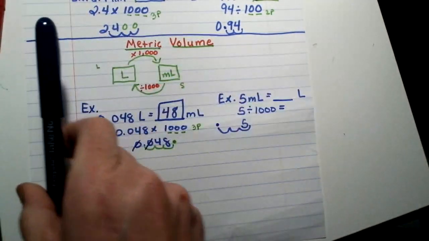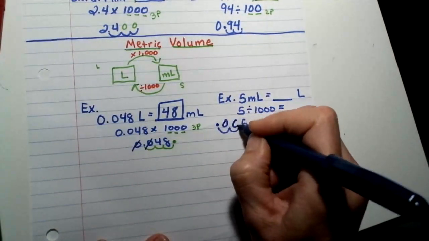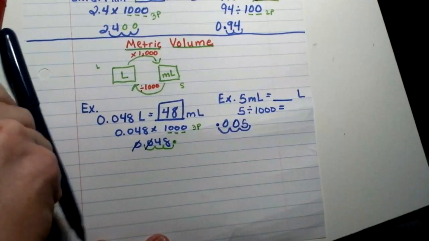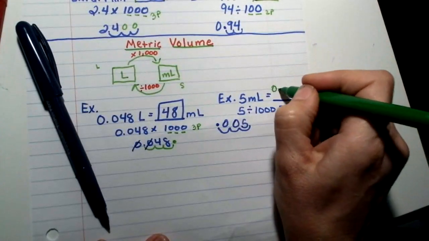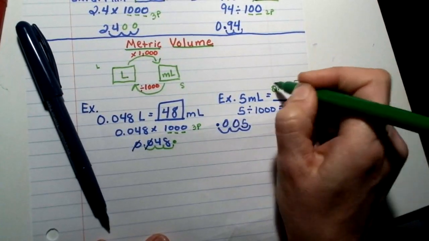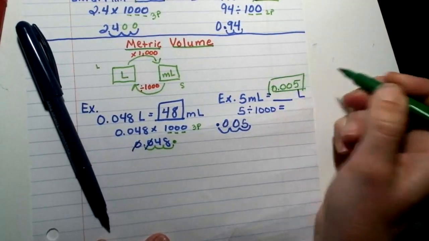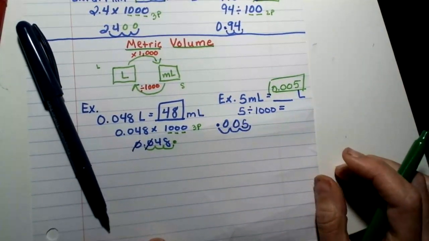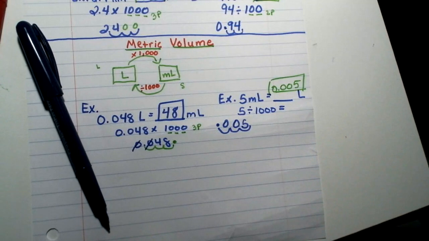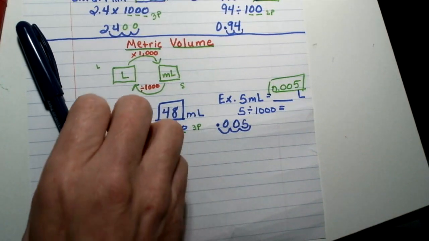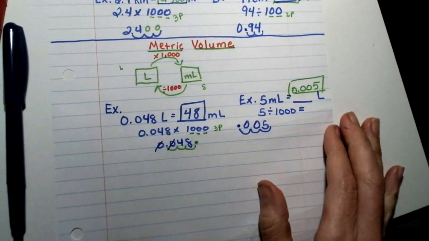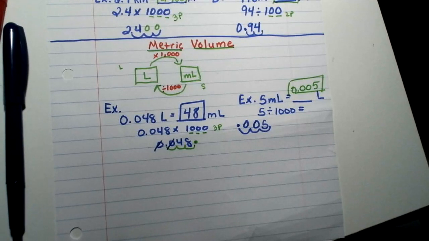I'm going to fill in the rest of my number with these zeros, and when I write my final answer, I'm going to write 5 thousandths. So 5 milliliters is equivalent to 5 thousandths of a liter. Okay? All right, so your job today is to work on the day 4 slides for volume.